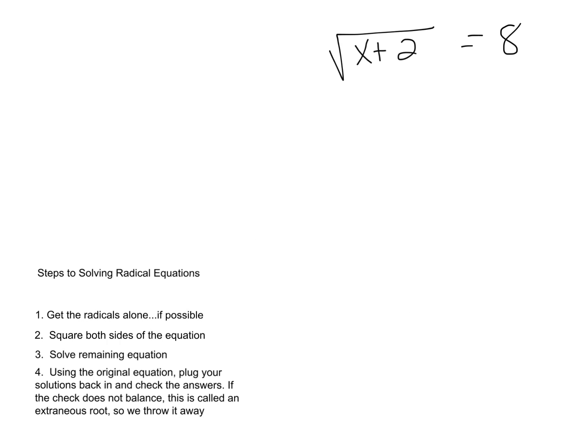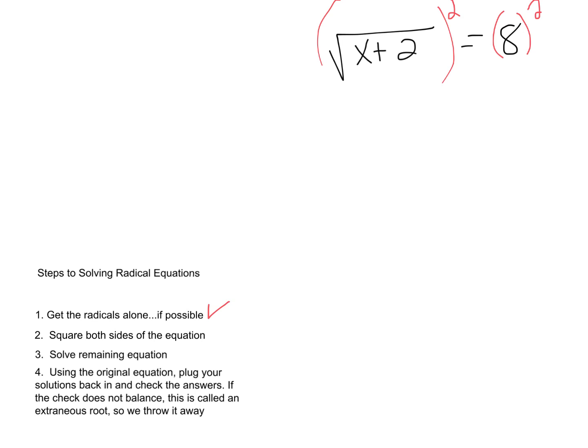So let's take a look at our first example. Radical x plus 2 equals 8. The first thing I'm going to do is get the radical alone if possible. Nicely enough for us, the radical's already alone, so we're all set. Our next step is to square both sides of the equation.